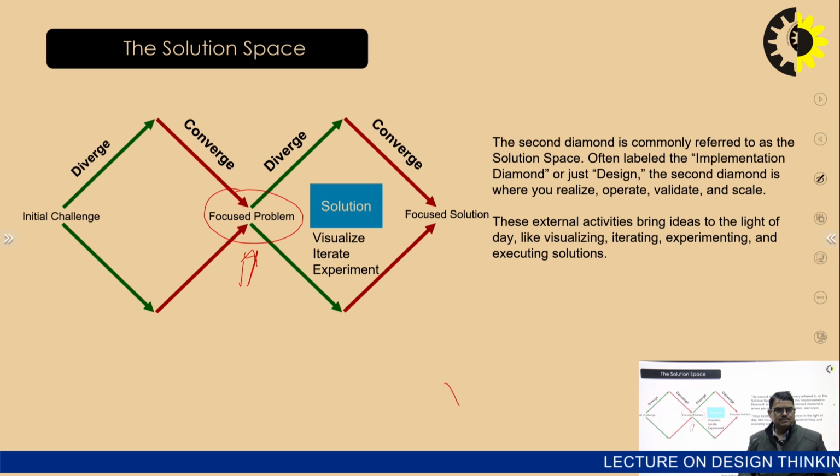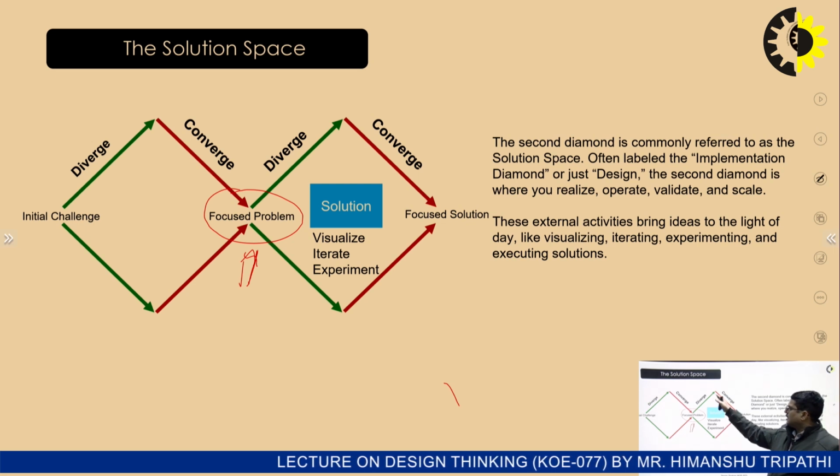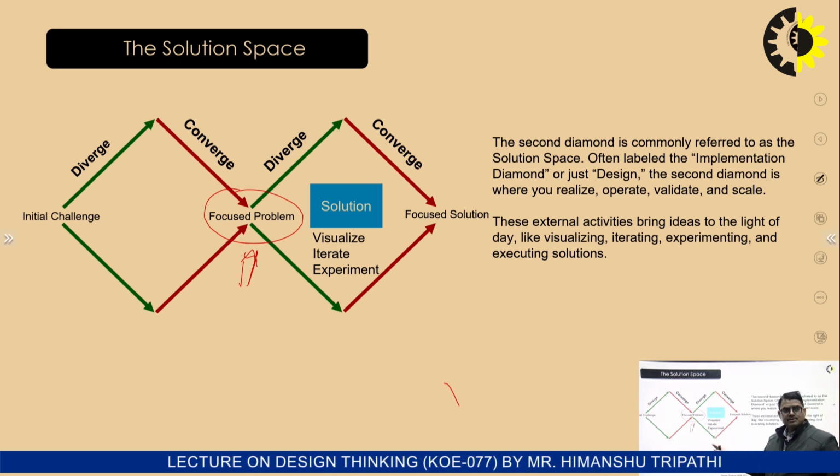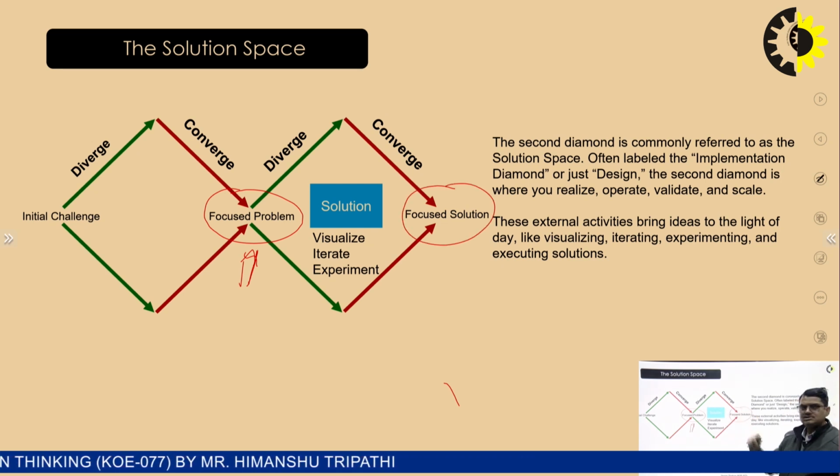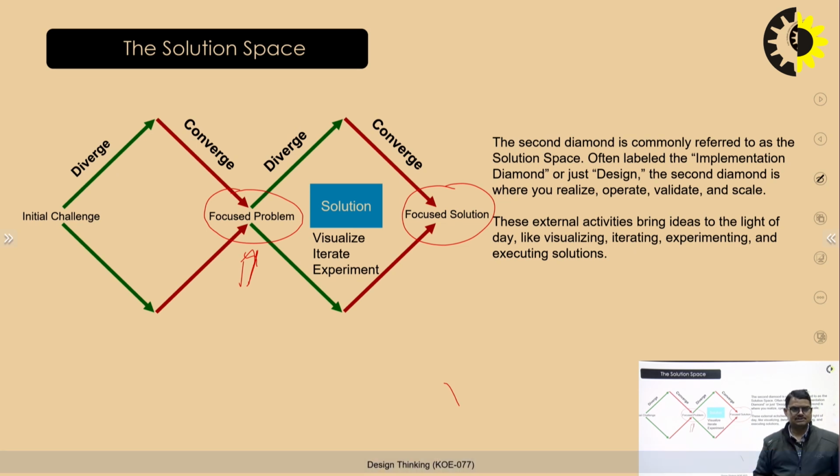It may be possible that not all the ways are as effective in giving you a particular solution, but after listing down all the solutions, we need to converge them so that we can reach a focused solution, one particular solution, which we will bring into the market for feedback or testing purposes, right.